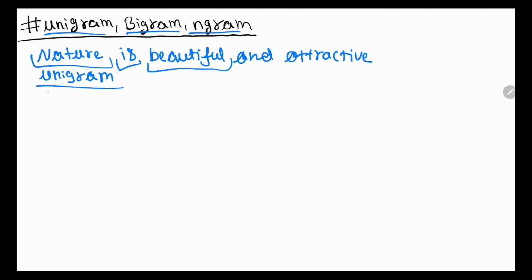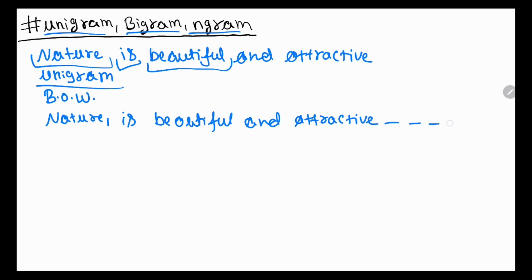Let's say we are constructing the bag of words that we have already seen in the previous video. When we are constructing the bag of words, its features will be like nature, which will be one of the features, then is, another feature, then beautiful and attractive.